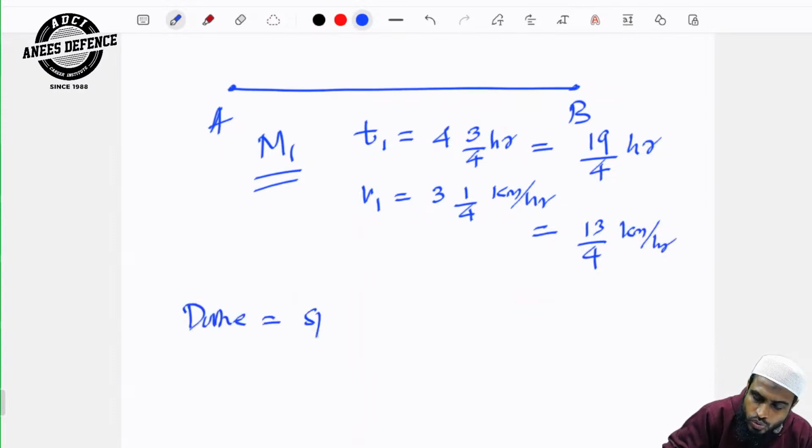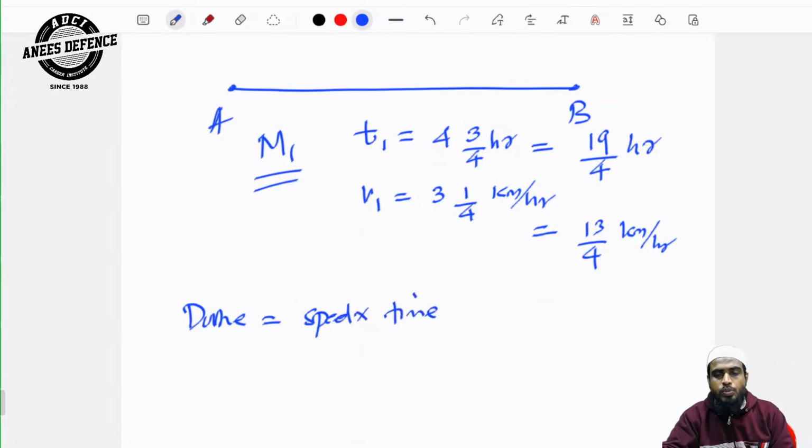Distance is equal to speed into time. So you should know how to convert a mixed fraction into a simple fraction. If everything else is simple, that concept you should have. So 4 into 4, 16, plus 3, 19 by 4. Here, 3 into 4, 12, plus 1, 13 by 4.